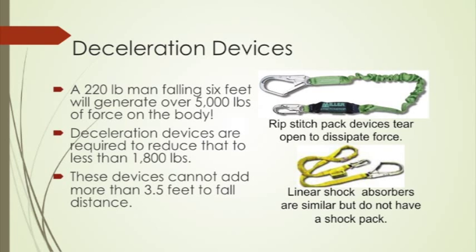These devices cannot add more than 3.5 feet to fall distance. It is important to note that some devices, such as self-retracting lifelines, have deceleration devices that are internal to the equipment. Employees should also know how to tell if a shock absorber has been used.